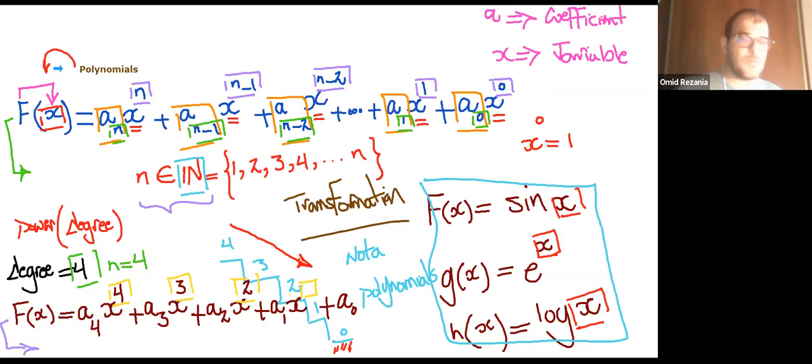For example, I'm just going to write f of x. I'm going to have some numerical values for my coefficients. I'm going to say that f of x equals to a4, I can come with a4 as, let's say, for example, square root of 2 times x to the power 4 plus. For a3, I can come with a number as easy as pi, x to the power 3 plus. For a2, I can come with anything.